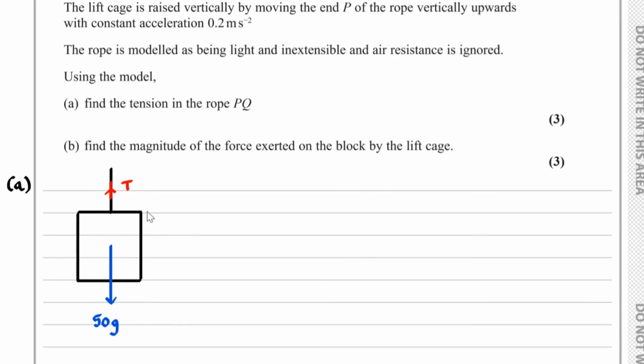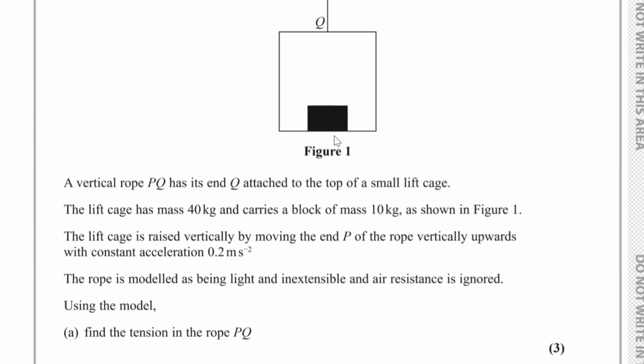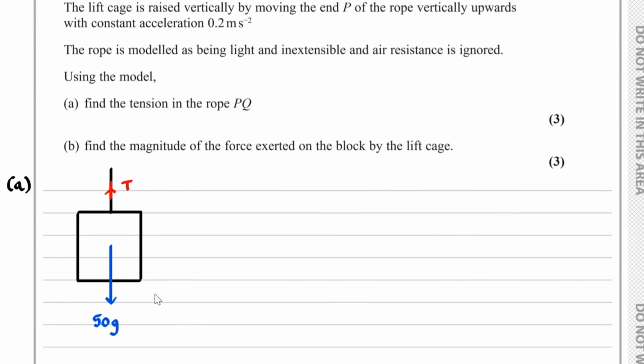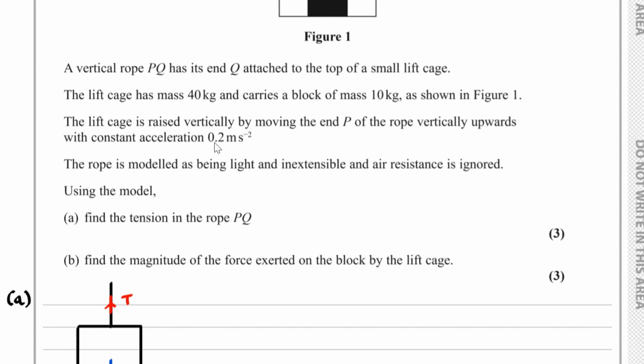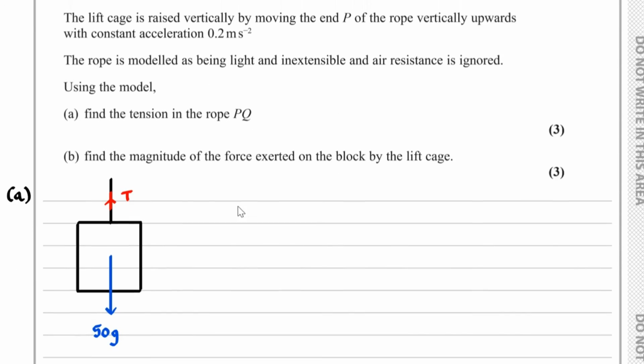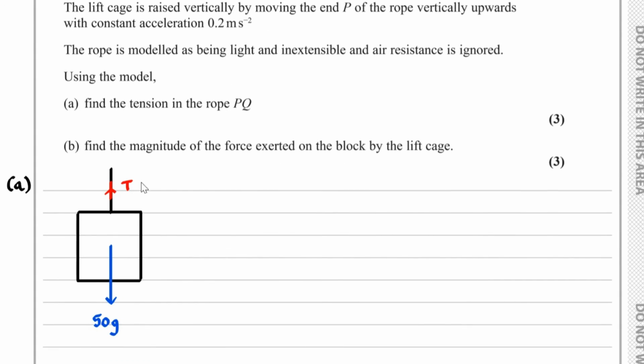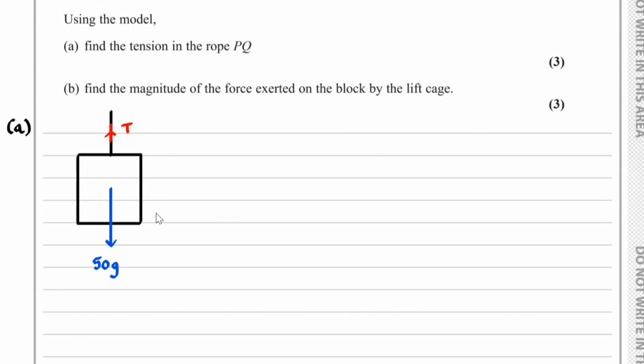So for part A, if I draw a diagram for the entire cage and the block, I've got the weight of the entire thing, 50g, that's by adding 40 kg to the 10 kg, and I've also got the tension in the rope, and that's what I need to find. So, to find out the tension, we can use the sum of the forces is equal to the mass times the acceleration.